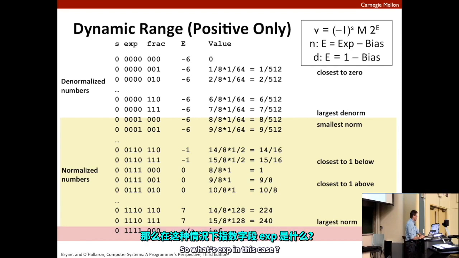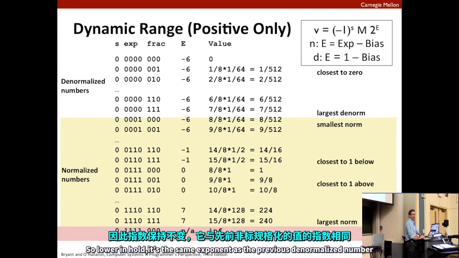So what's exp in this case? 1. Minus 7, the bias, is minus 6. So lo and behold, it's the same exponent as the previous denormalized number.